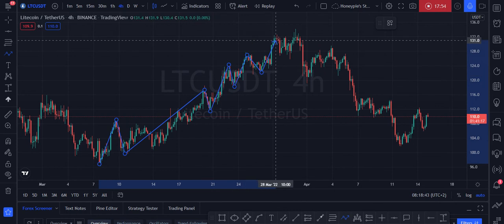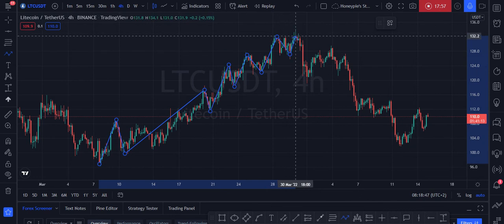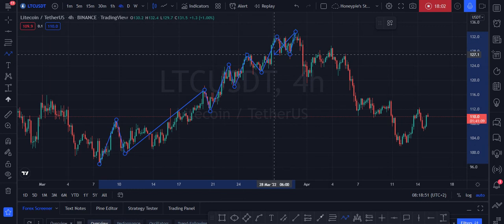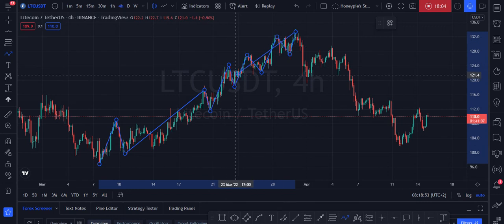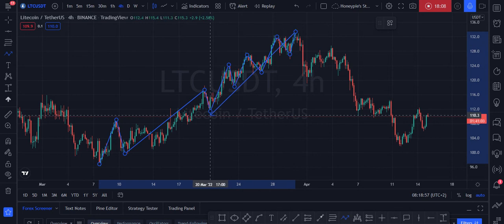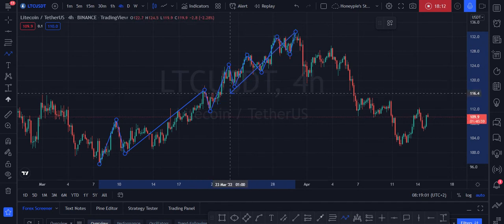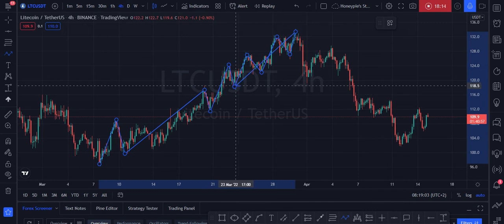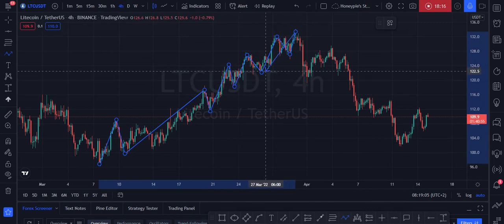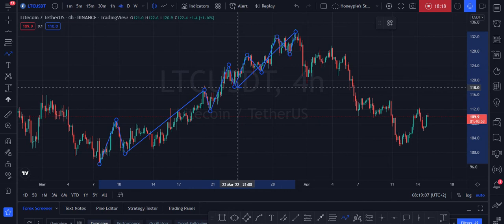When you find that the market is moving this way, you have identified that the market is trending upwards. If you notice all throughout this point, price has never broken its previous higher low, no matter how it tries. Like this is a higher low, this is another higher low.